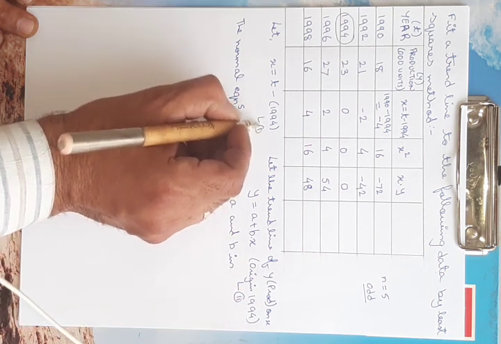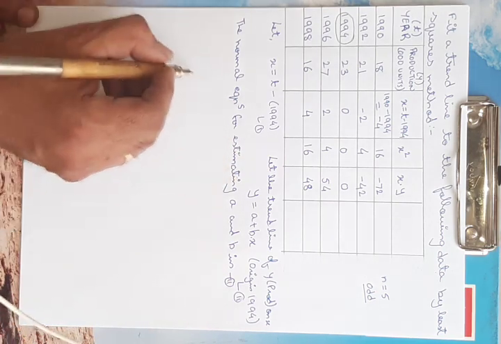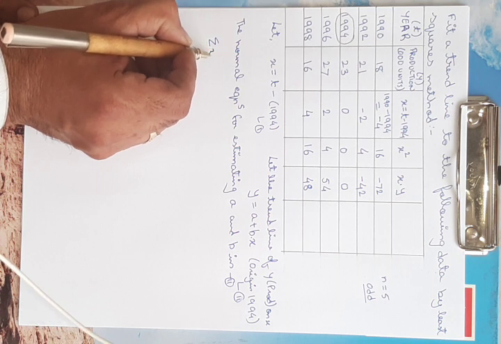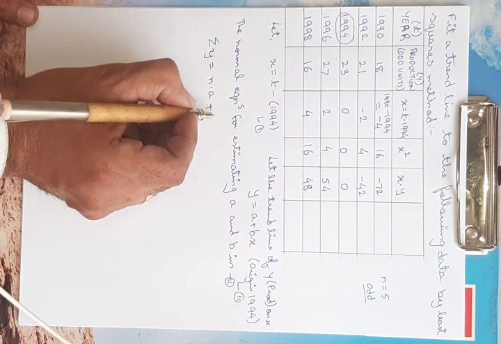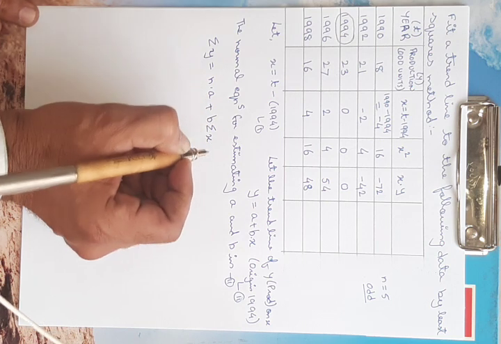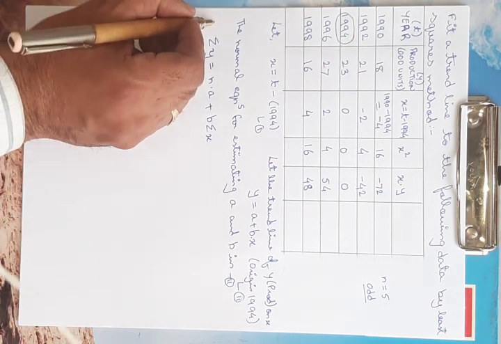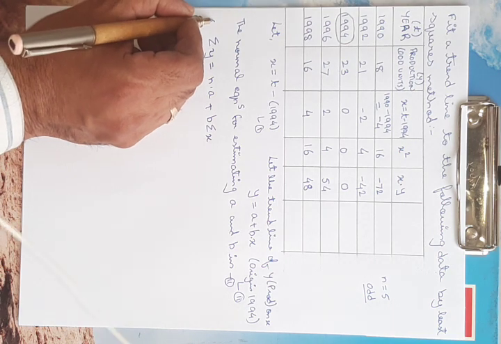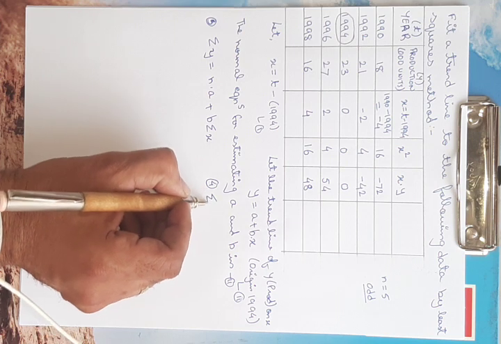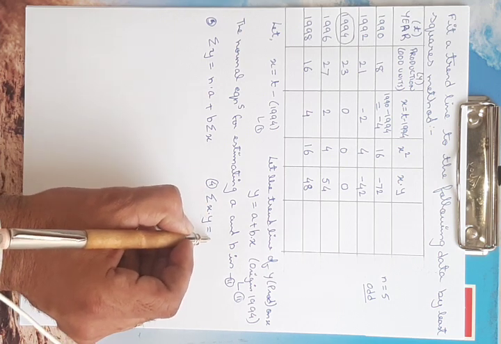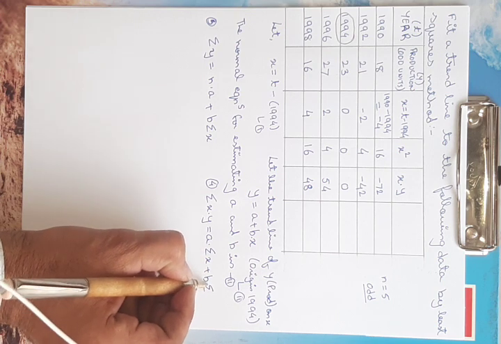The normal equations are: summation of y is equal to n into A plus B into summation of x. This is equation number 3. And the other equation, equation number 4, is summation of x into y is equal to A into summation of x plus B into summation of x square.